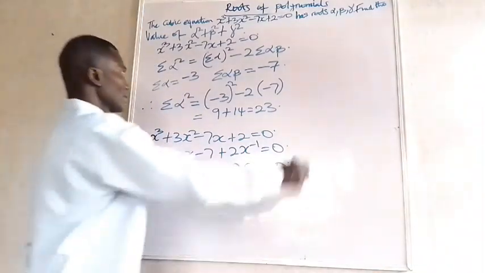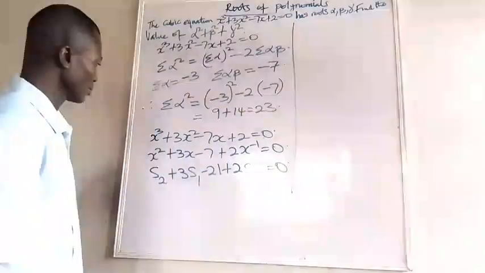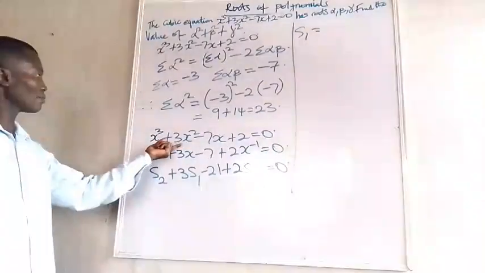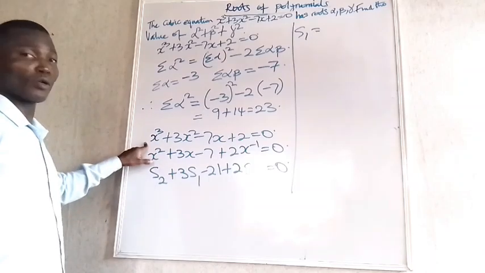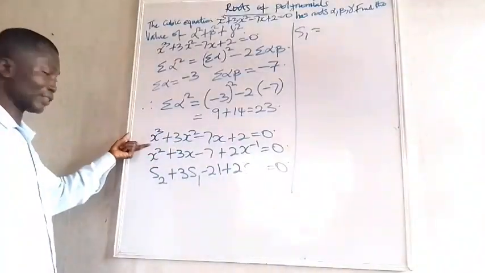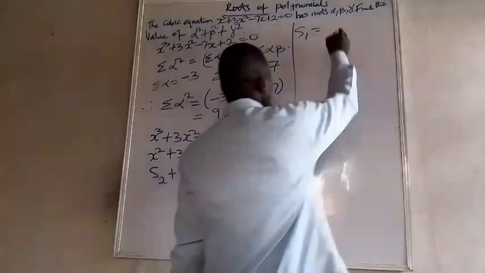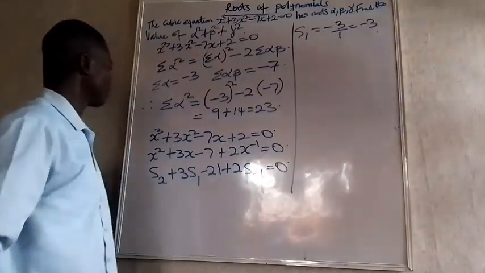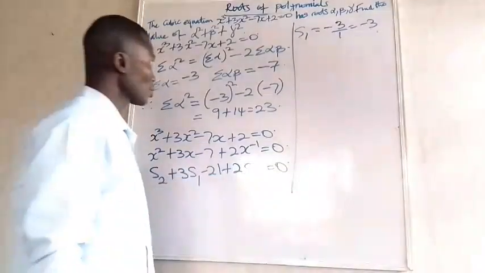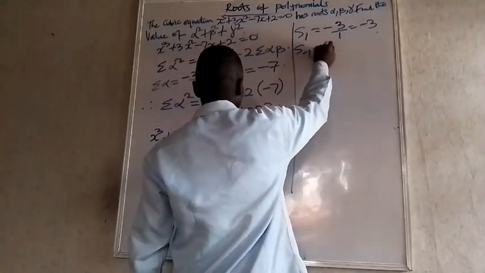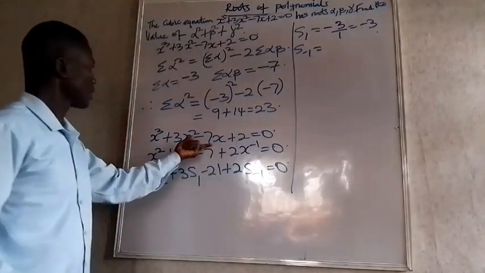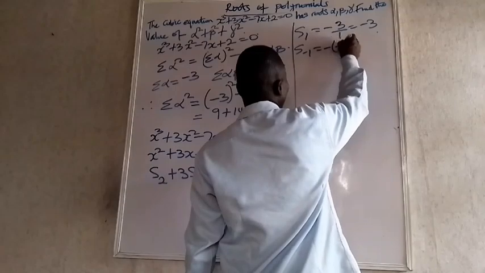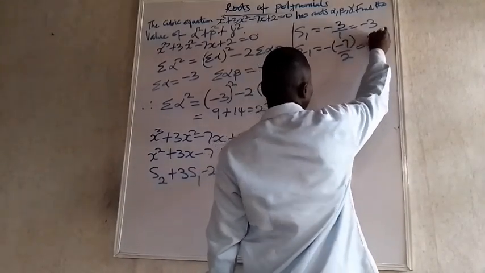And from our previous lecture, we have realized that S1 is equal to minus coefficient of x squared over x cubed, that's minus 3 over 1, which is minus 3. S minus 1 is equal to minus coefficient of x over the constant. That is minus minus 7 over 2, which is 7 over 2.